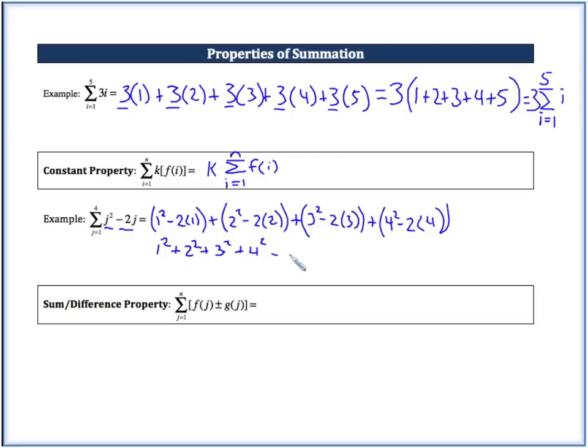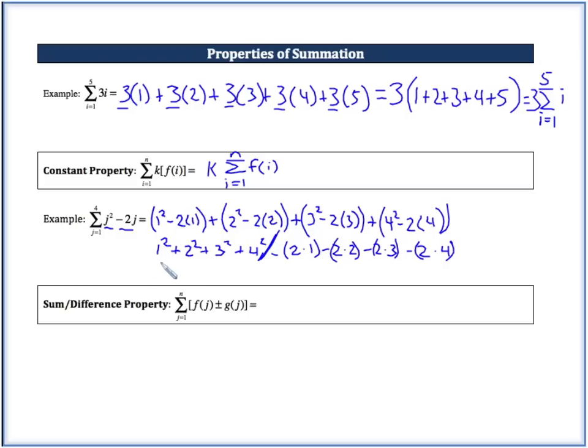So minus 2 times 1 minus 2 times 2 minus 2 times 3 minus 2 times 4. So what you can see here is we could separate this sum into two different sums.